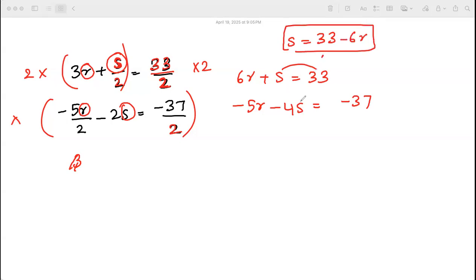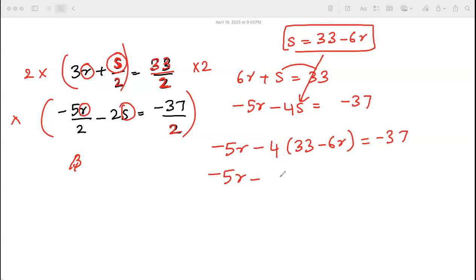So now I will put it into this equation. Minus 5R minus 4 times 33 minus 6R equal to minus 37. Minus 5R minus 132 plus 24R equal to minus 37.